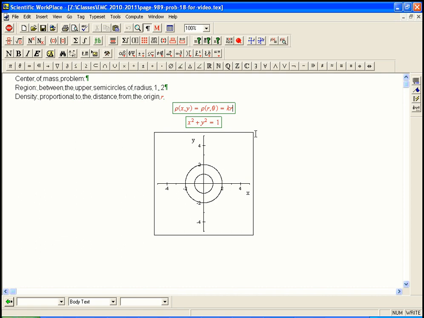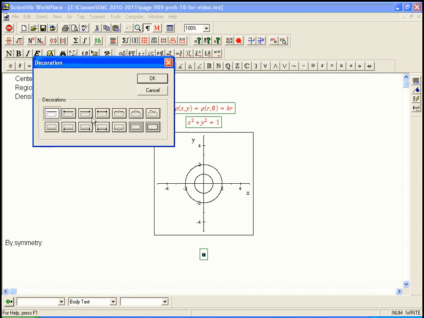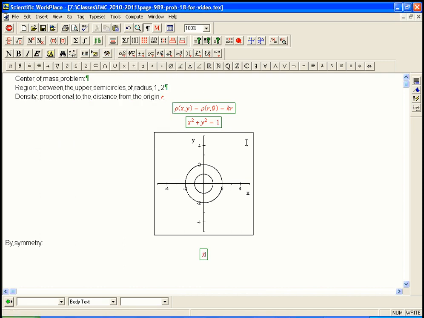The x coordinates will, however. So just by looking carefully at the symmetry, x bar is going to be equal to 0. Okay, and now we need to find y bar.